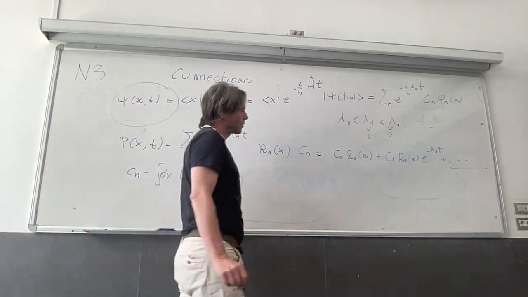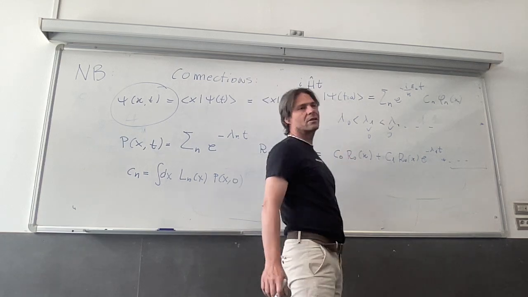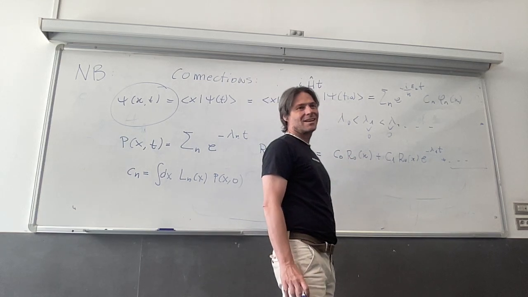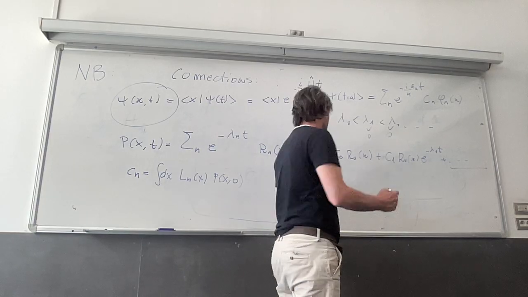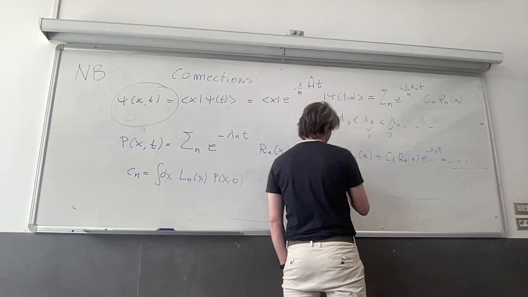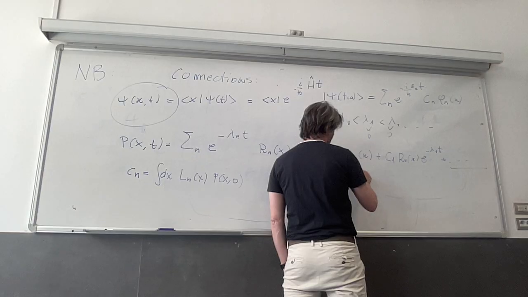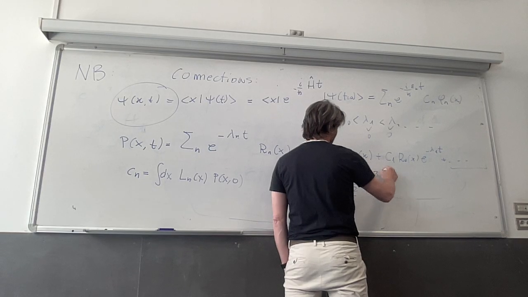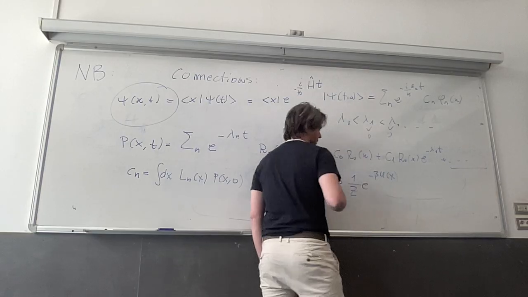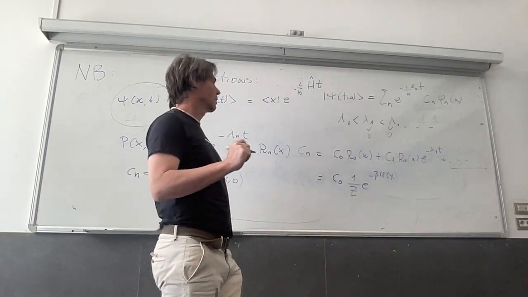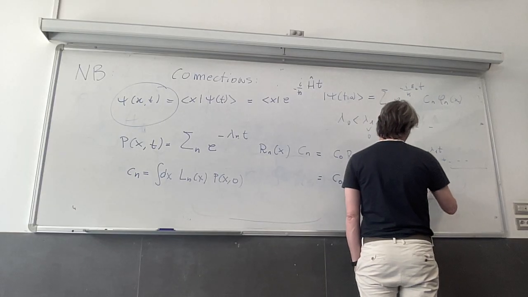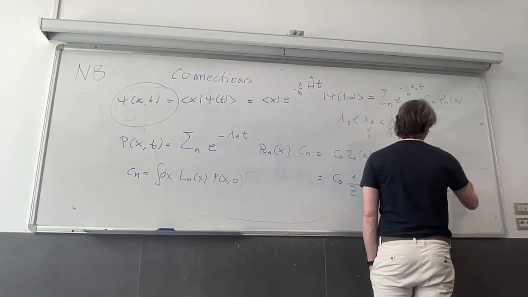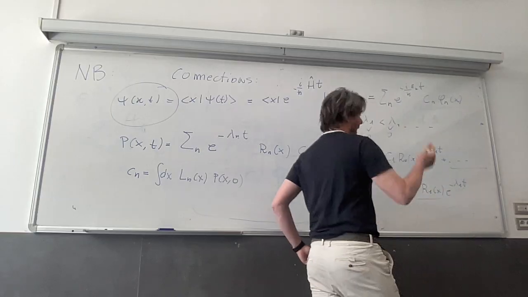But there's an additional thing. We know already what R naught is. It's the Boltzmann distribution, right? So this is C naught 1 over Z e to the negative beta U of x, plus C1 R1 e to the negative lambda 1 t, plus all the others.